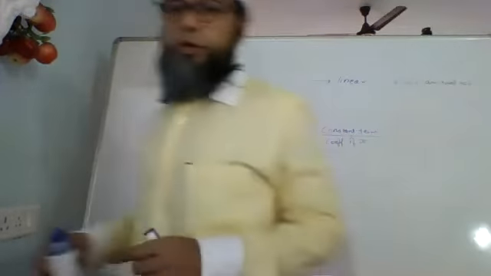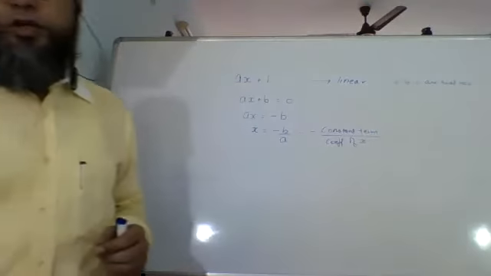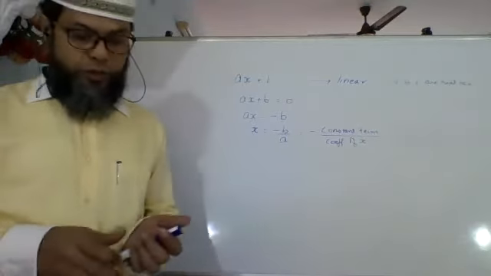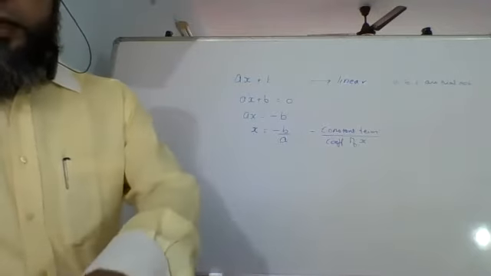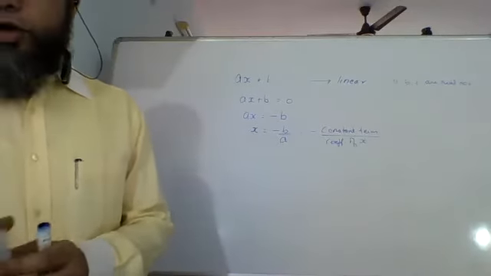So it is minus of constant term upon coefficient of x. This is in case of a linear polynomial.